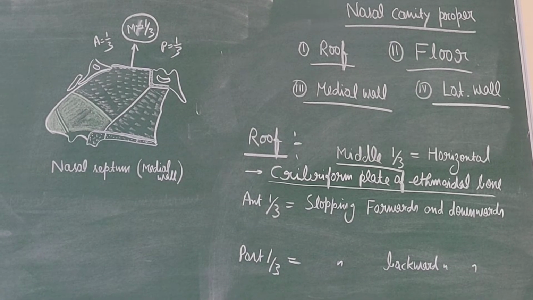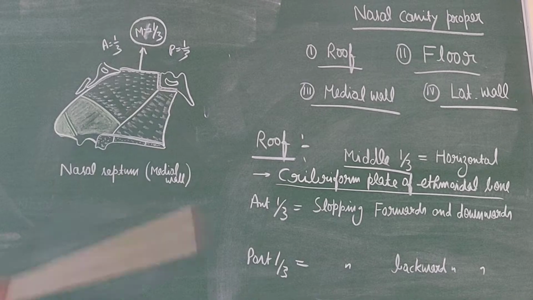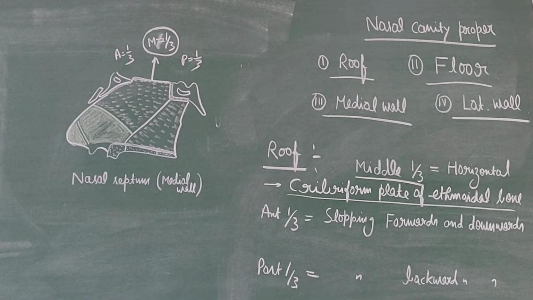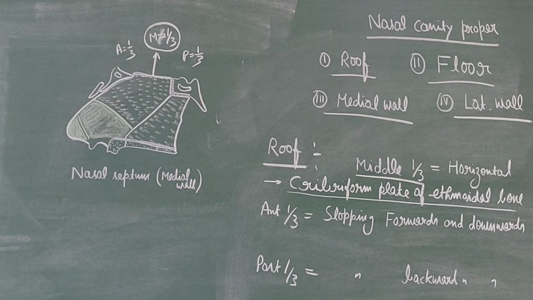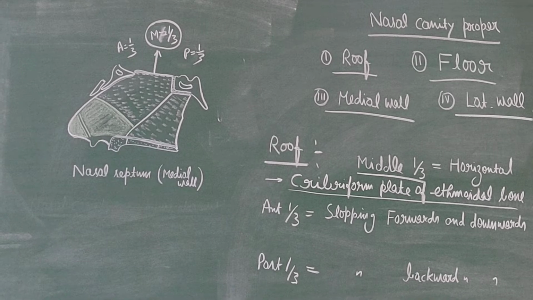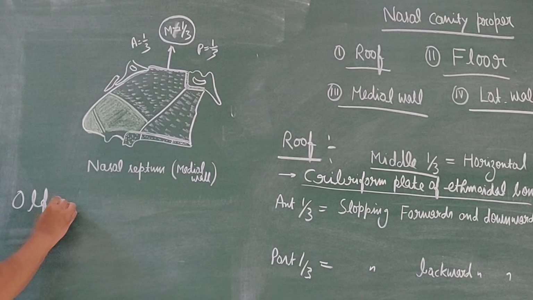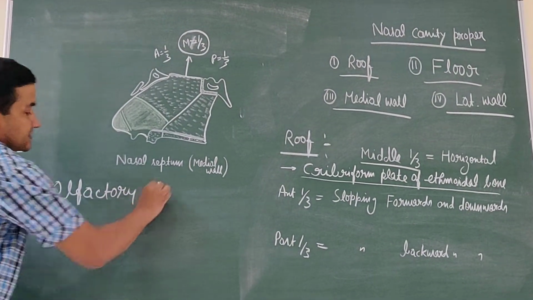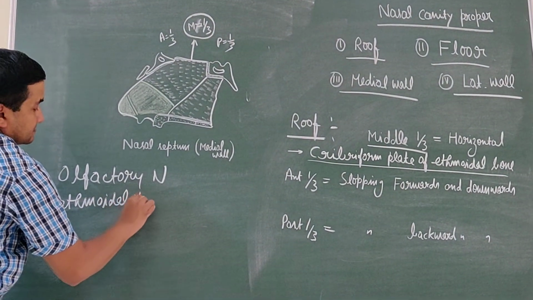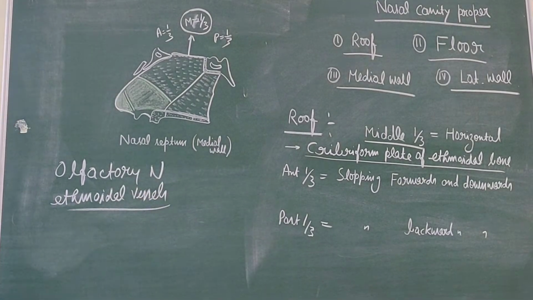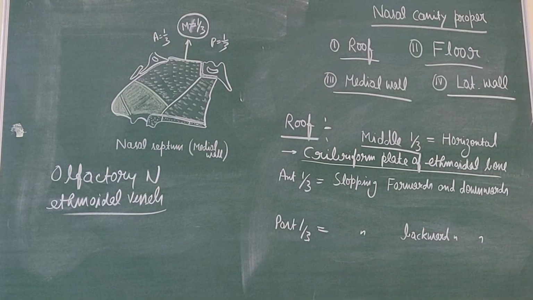This cribriform plate separates the nasal cavity from the anterior cranial fossa, and it is perforated by the olfactory nerves and ethmoidal vessels.